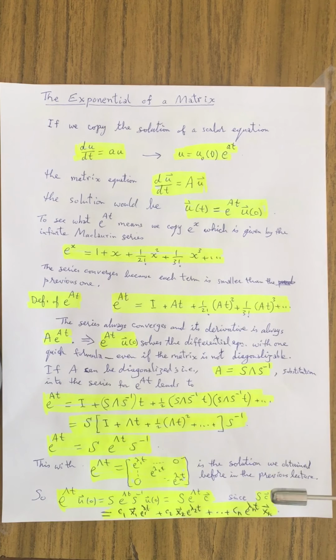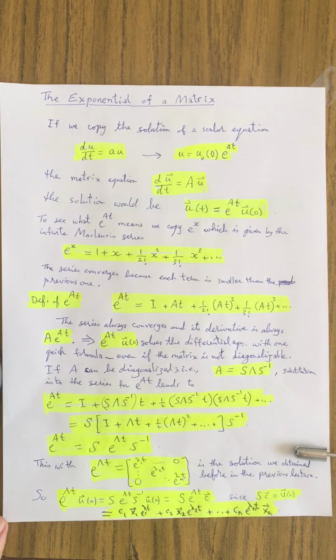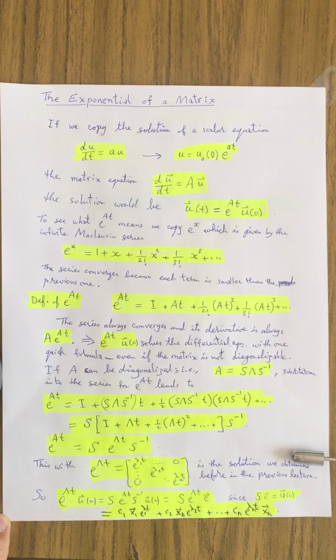The term inside the bracket is actually the expansion of e to the lambda t. And this is the exponential matrix, a diagonal matrix with e to the lambda 1 t, e to the lambda 2 t, etc. on the main diagonal. This is the solution we obtained before, using the same technique for the difference equations.